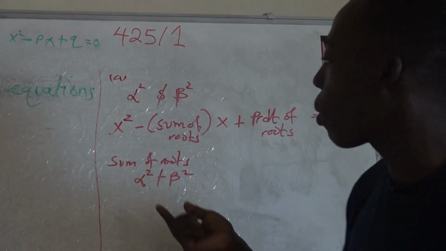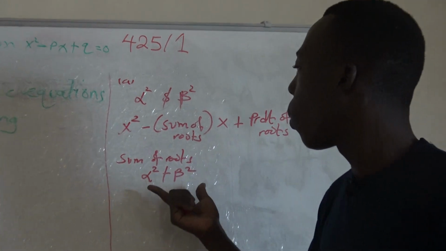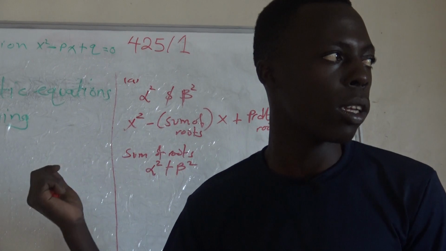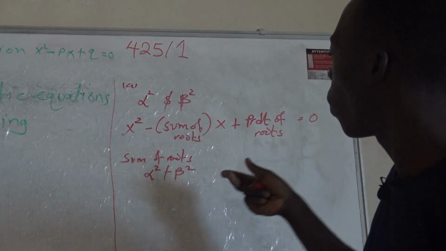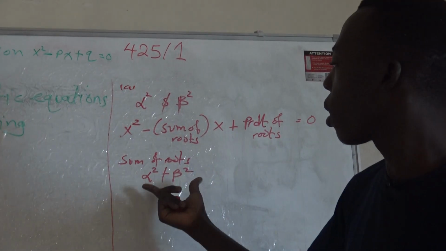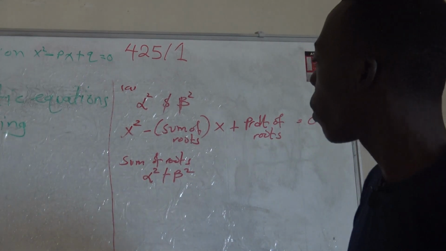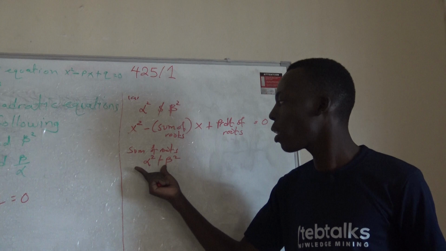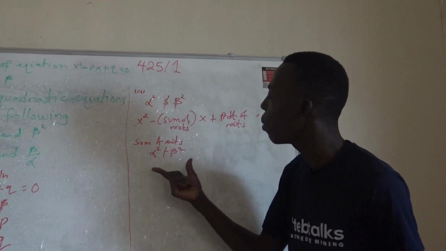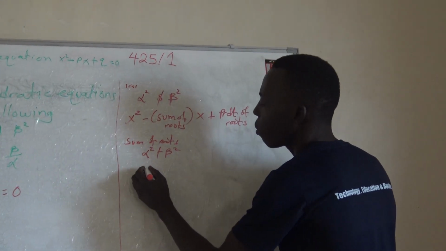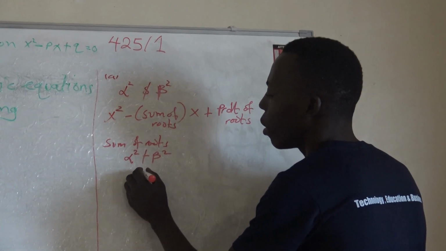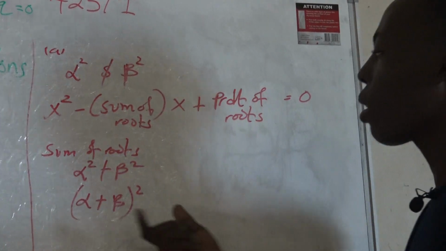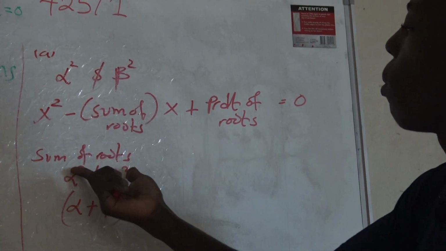Now what do we get after adding alpha squared plus beta squared? This cannot be expanded as it is, so we have to bring in alpha plus beta, then everything is squared. So this one can be expanded.